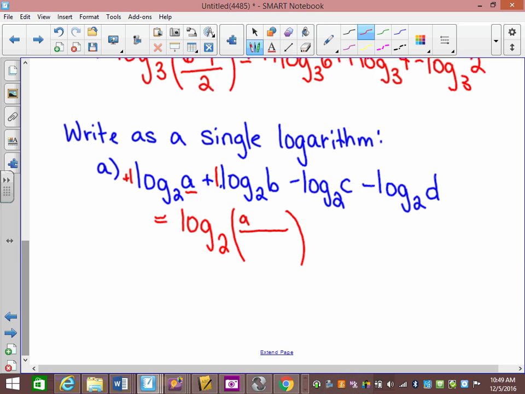This has a plus 1 in front, so B stays on the top. This one has a minus 1 in front, so C goes to the denominator. And minus 1 in front, so D goes to the denominator. And anything that's left on the top and the bottom just gets multiplied together. So it's going to be A times B over C times D, which I'm just going to leave as AB over CD.